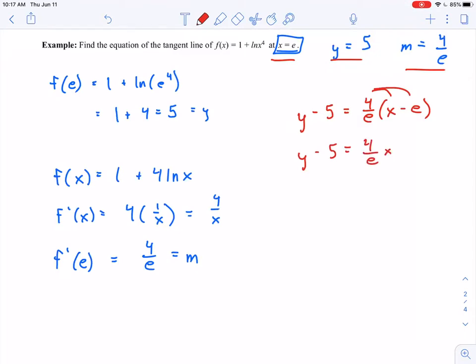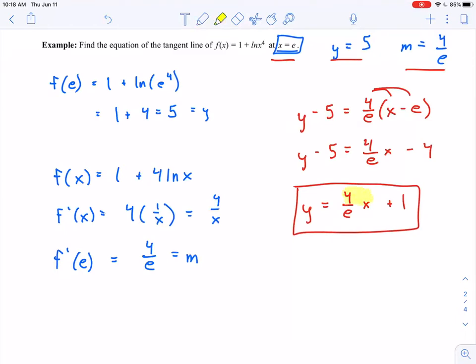If I look for these two terms, e is going to cancel. I'll just be left with minus 4 here. And then adding 5, I have y equals 4 over e times x plus 1 after I add that. So there is my equation of the tangent line.